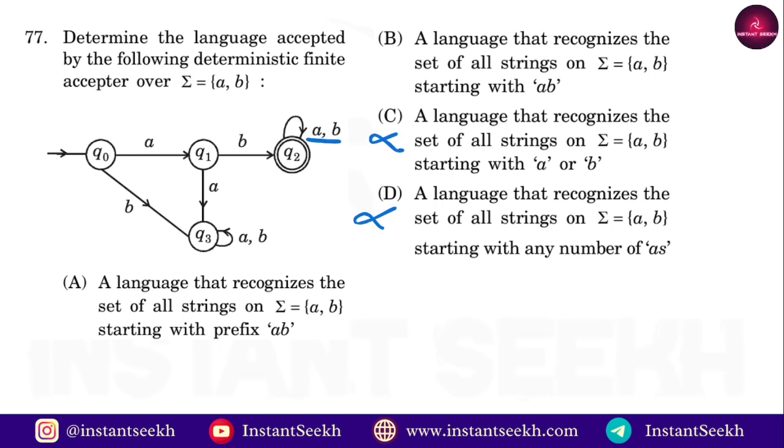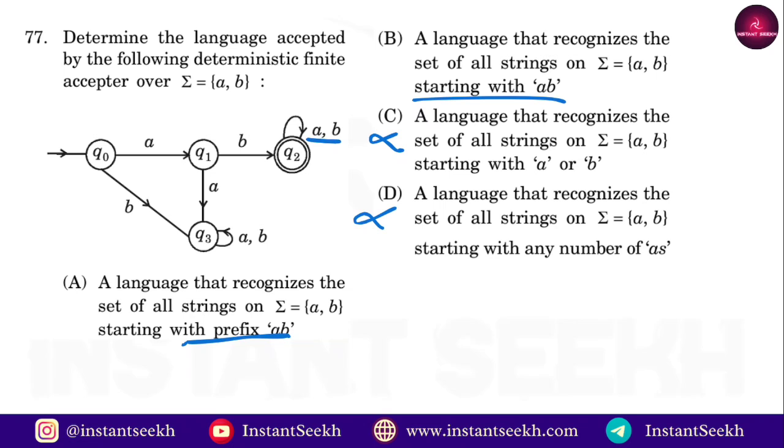Now there might be confusion between option A and option B. What we have is a language starting with AB. In option B, a language starting with AB, and in option A it is starting with prefix AB. Okay, this is not the same.